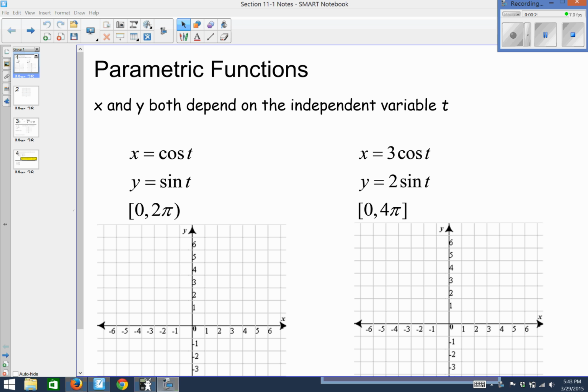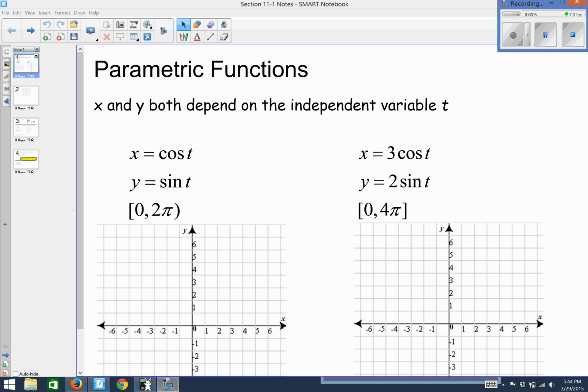So section one is on parametrics, and we've done a little bit of this already way back in chapter 3 when we found the derivative of y with respect to x when we have parametric functions. And in section 2, we're going to deal with vectors. Section 3, when we deal with polar, they're going to be done very similarly to this.